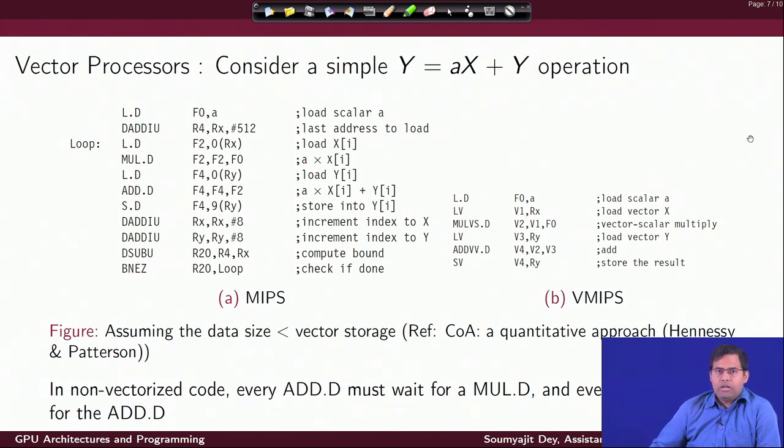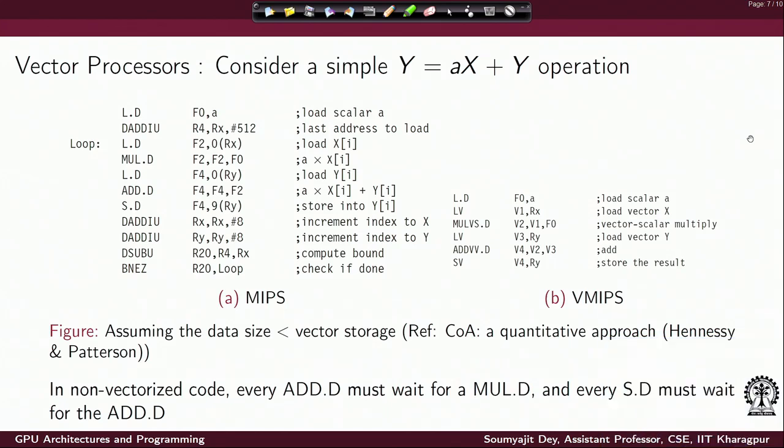So, let us just consider a small example here of a vector assembly program. On the left hand side we have a normal MIPS code, and on the right hand side we have a vectorized MIPS code example. This is a standard example which you can easily find in the book on computer organization architecture, A Quantitative Approach, by Hennessy and Patterson.